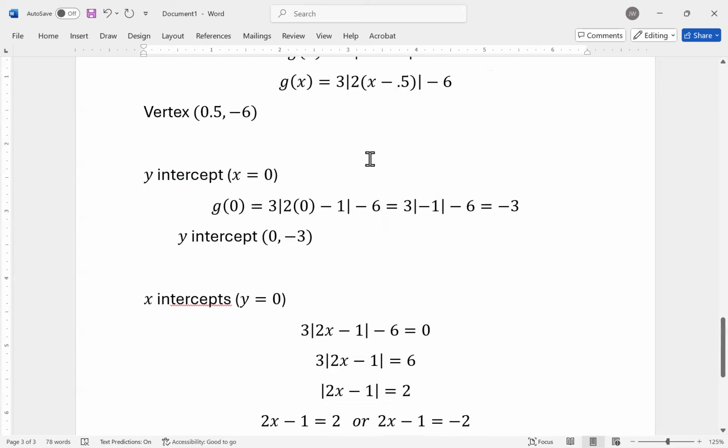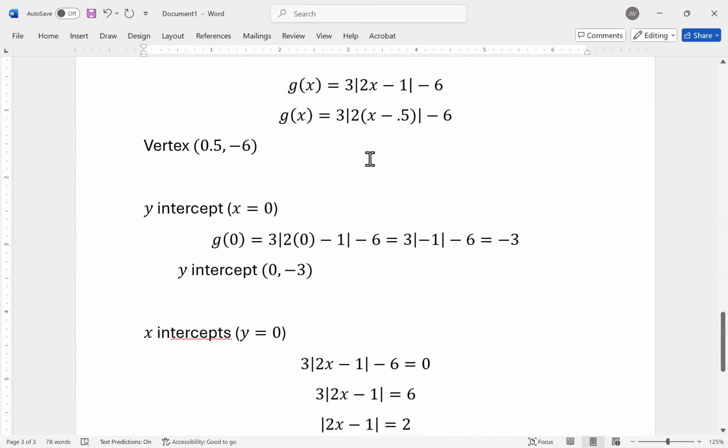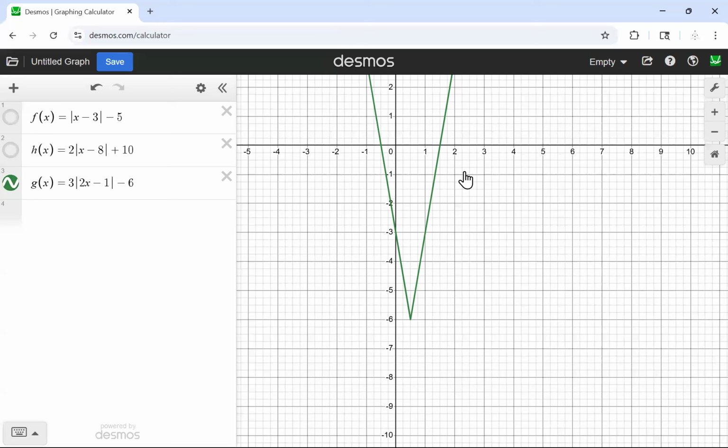Let's go ahead and graph this equation and see what it looks like, just to confirm that we got the correct x-intercepts and y-intercept. Here I've graphed this absolute value function into Desmos. And you can see that the vertex is at 0.5 comma -6, just like I said.